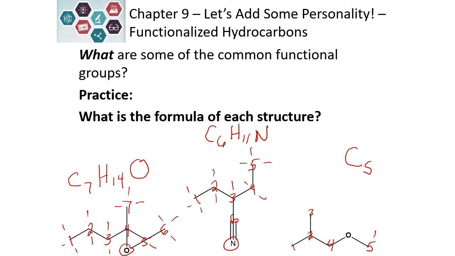So we count our hydrogens, 1, 2, 3, 4, 5, 6, 7, 8, 9, 10, 11. Our 2 has 3 bonds, so 12. So these would be the formulas for these particular line angle structures.